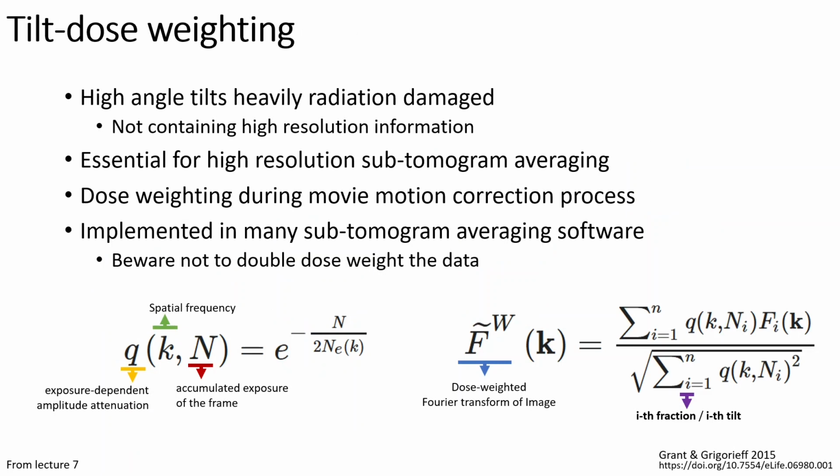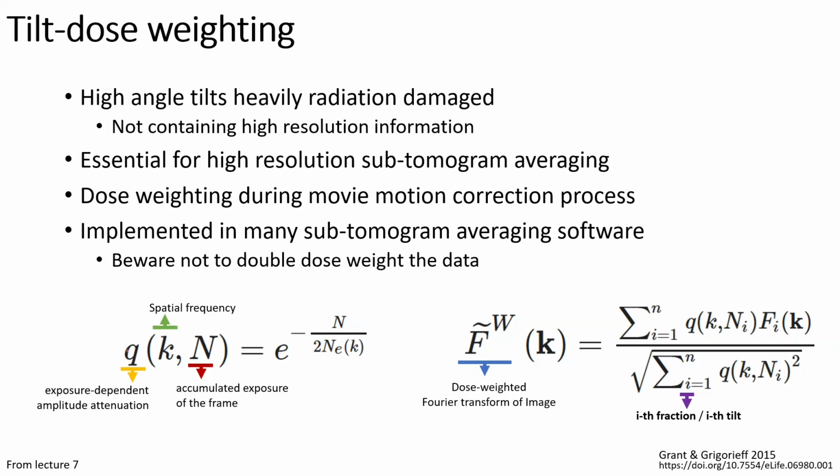Now, as I said, not so much for tomography and visual inspection of the final tomograms, but for sub-tomogram averaging, tilt dose weighting is very important, because our tilts are heavily damaged by the radiation. We need to heavily downweight the amount of high resolution information in the higher tilts.